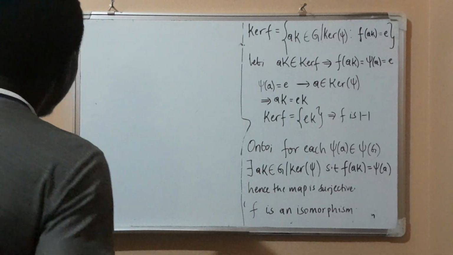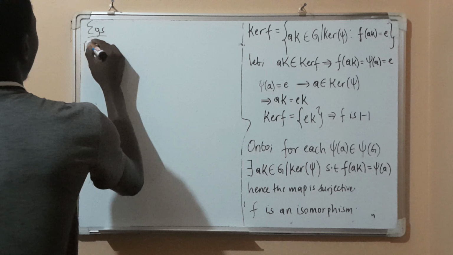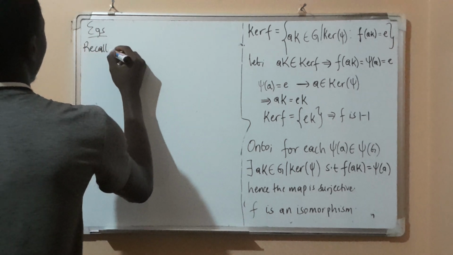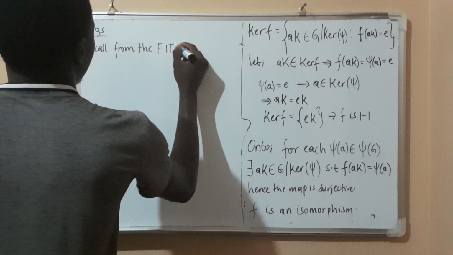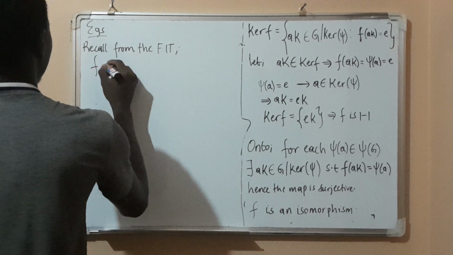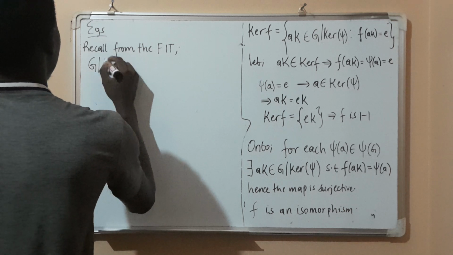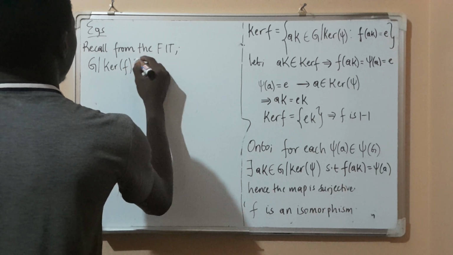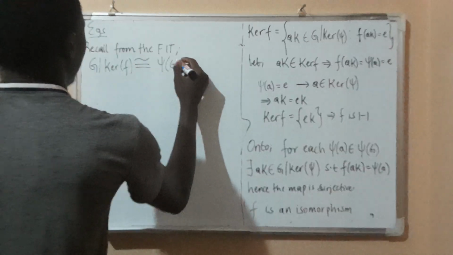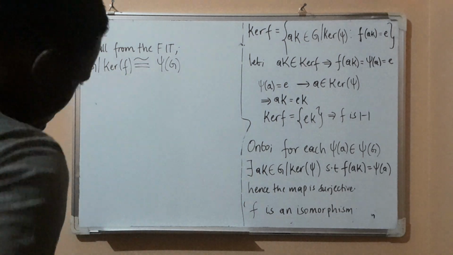The statement says, recall from the first isomorphism theorem that G factor kernel of phi is isomorphic to phi of G. Or you can say that it's isomorphic to the image of G.